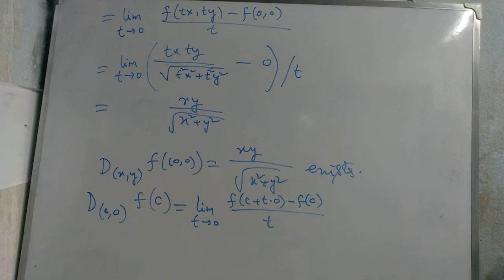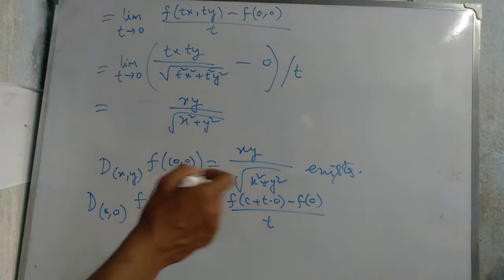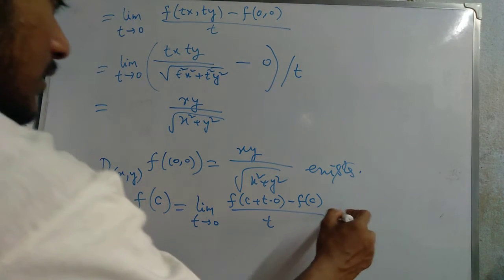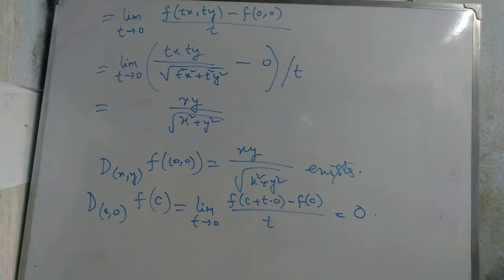Then this is equal to f(c) minus f(c), which equals 0. So in the (0, 0) direction this is 0, and if (x, y) is not equal to (0, 0), then this exists. So the directional derivative also exists in this direction.